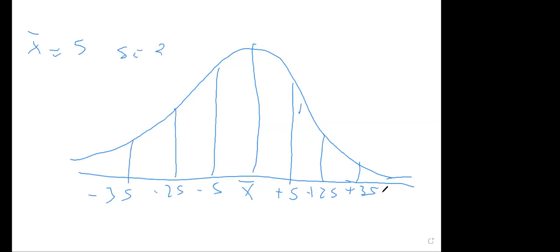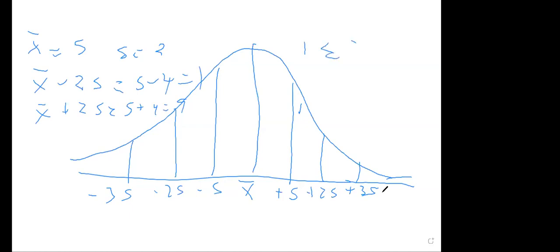Then within 2 standard deviations, we will do mean minus 2 standard deviations, which is 5 minus 4 equals 1, and mean plus 2 standard deviations, which equals 5 plus 4 equals 9. So the values that are within 2 standard deviations are between 1 and 9.